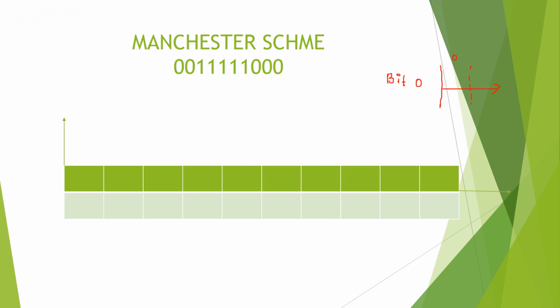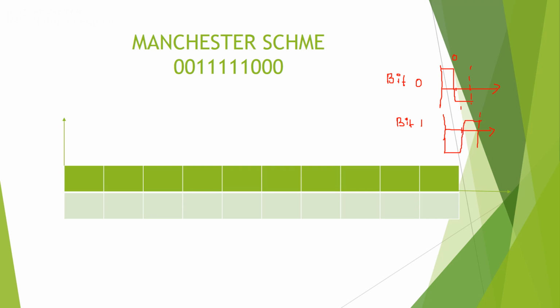If this is bit 0, we have to take the transition at the center of each bit. Bit 0 can be considered like this, and bit 1 can be represented as, if it is bit 1, there is a transition at the center, so bit 1 can be represented like this.